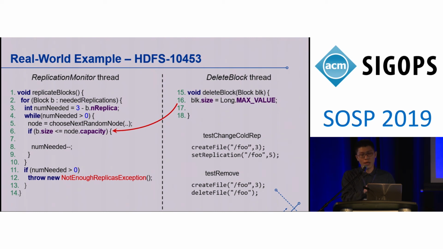Okay. So Charax only tries to find in which unit test this thread is executed, and it finds that test remove executes this thread. And this thread is triggered by one of the operations in this test remove unit test, which is the second one, delete file.